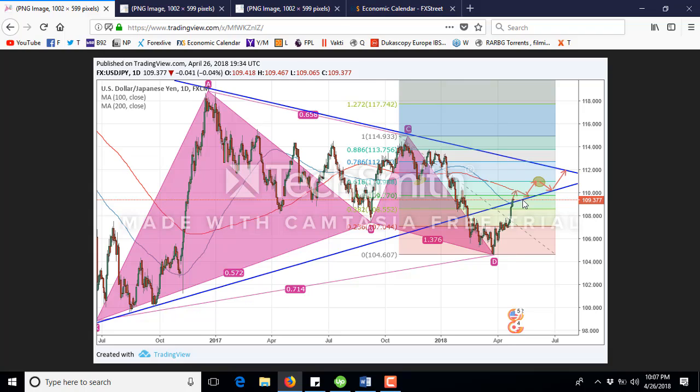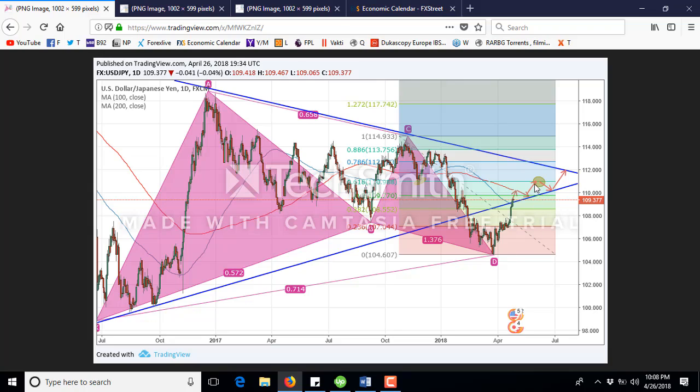And then one of the potential scenarios, but we'll have to follow this closely, is we're going to go and tag it. Also 110 is a big round number. We're going to come back, touch the trend line, find more buyers. We're going to go again to another level of resistance, which comes at 111, a 61.8 retracement of the CD move.